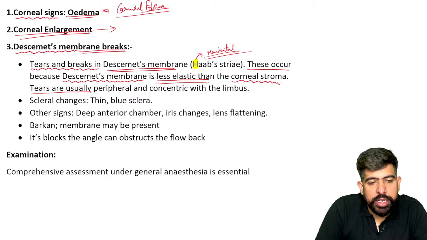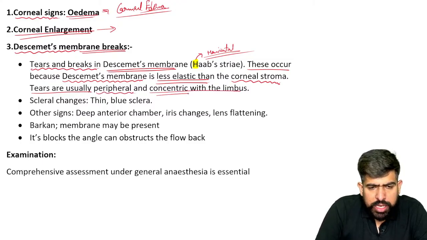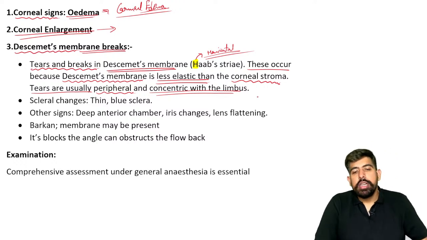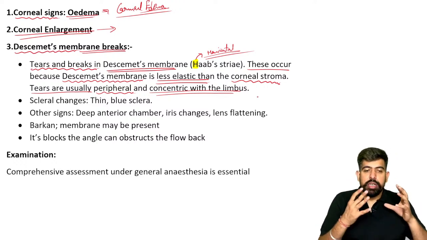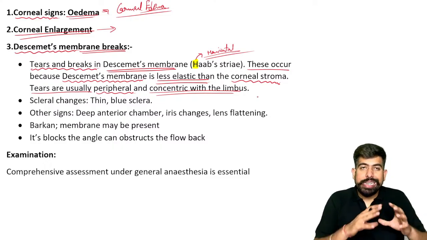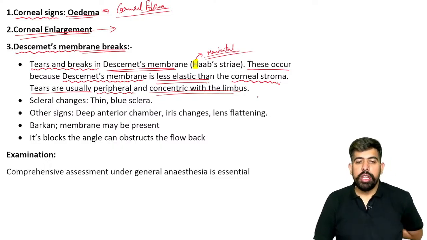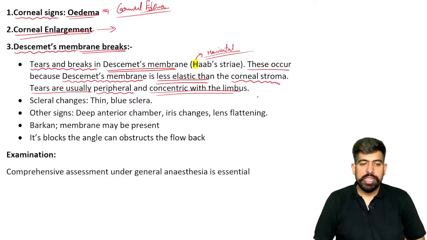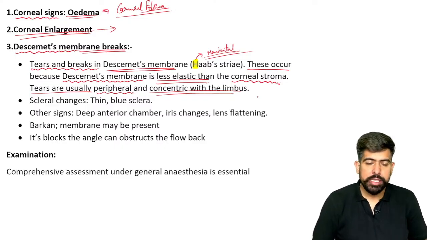And please remember that tears are usually in the periphery, and this is concentric with the limbus, right? So this will be concentric at the location of the limbus, but the tear will be seen in the periphery, right?